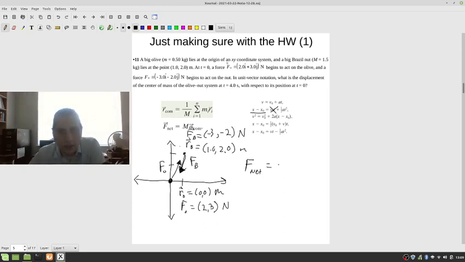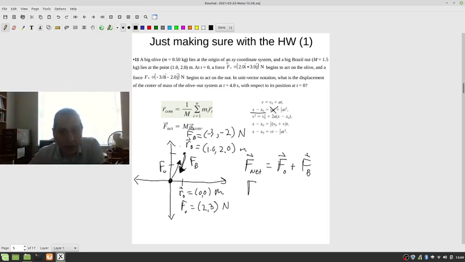So it's going to be F on the olive, and we're adding these as vectors, so that means you add the x components and you add the y components, F of the olive plus F of the Brazil nut. Okay, that's the net force on your system.